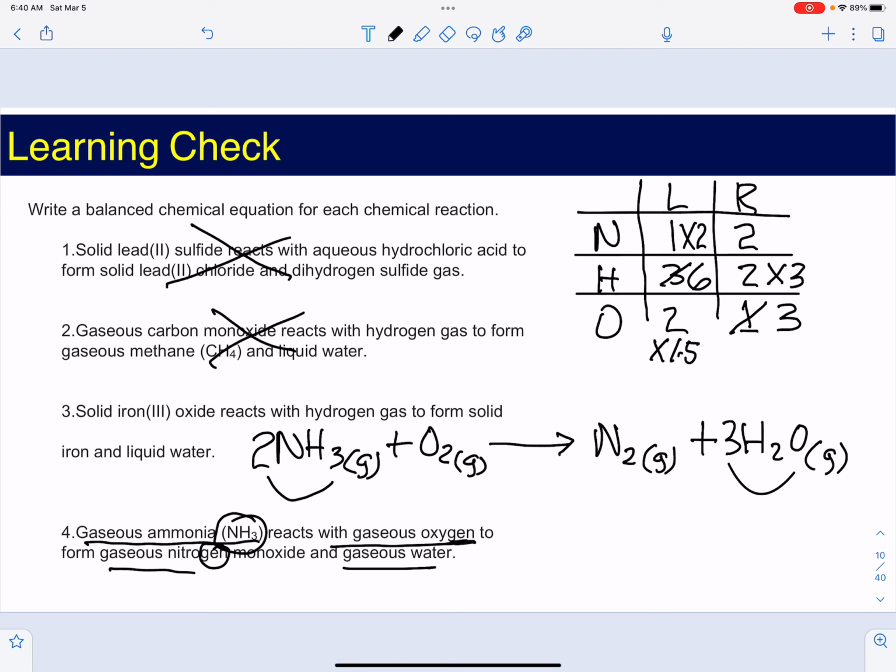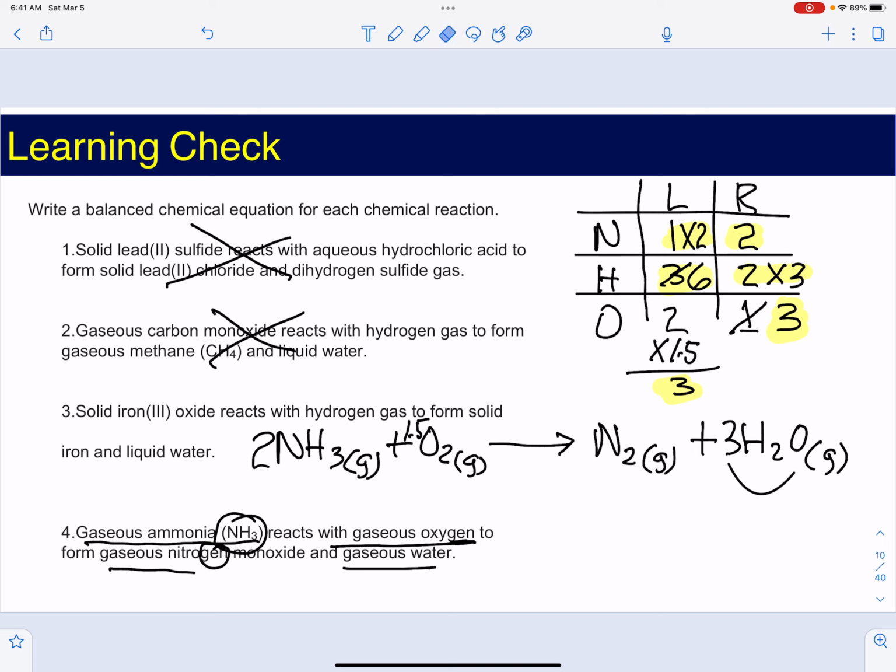So whatever the oxygen is, we're gonna put 1.5, which is 3. So it's balanced now. 2 nitrogens, 2 nitrogens, 6 hydrogens, 6 hydrogens, 3 oxygens, 3 oxygens.